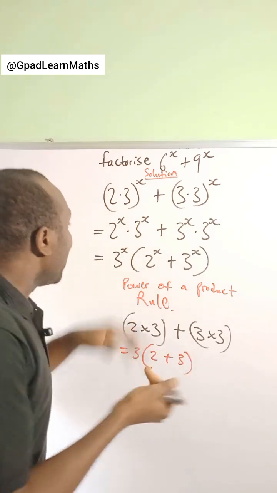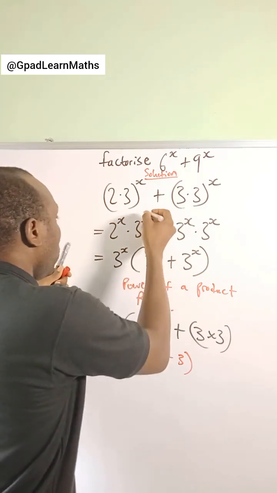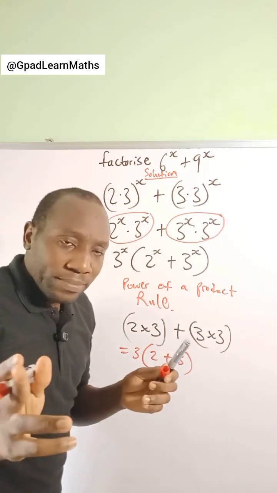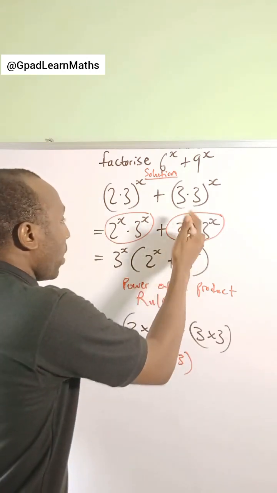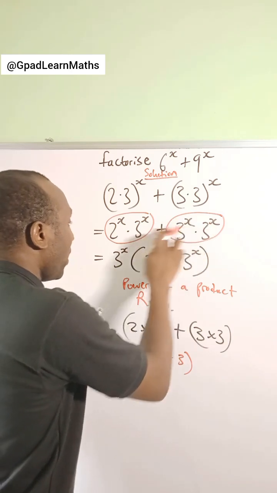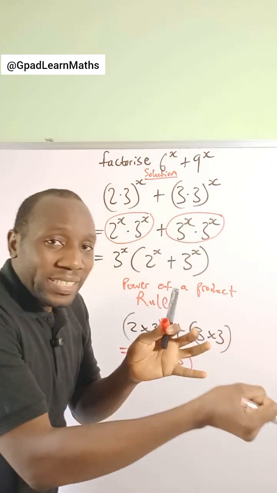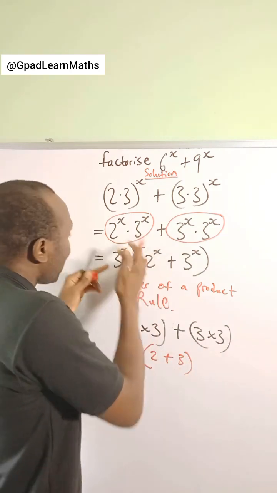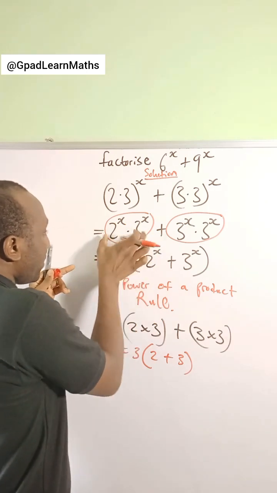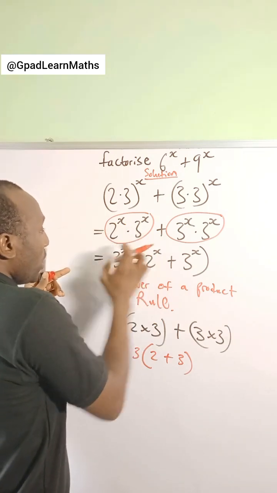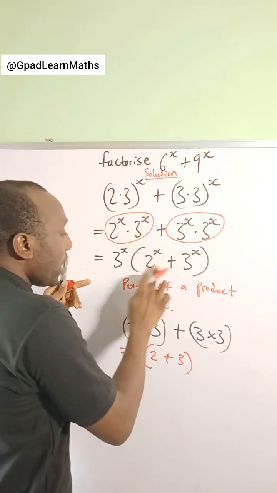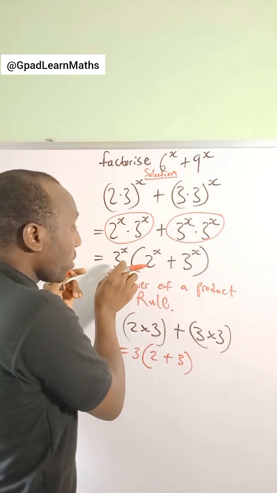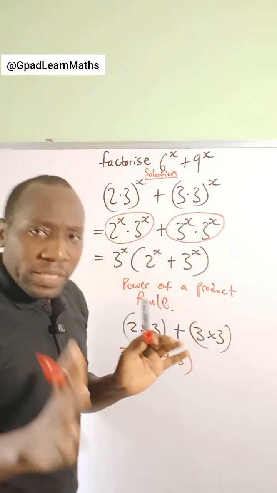In the same vein, look at this term and look at this. What is common? 3 raised by x. This one here and this. So we can factor it out, giving you what? 3 raised by x bracket. If you divide this by 3 raised by x, you are going to have 2 raised by x, which is this. Then plus, divide this by this. You are going to get what? 3 raised by x. Simple as that.